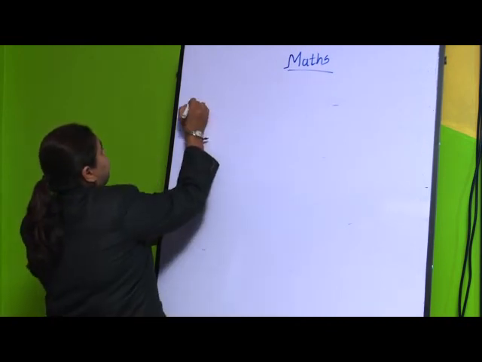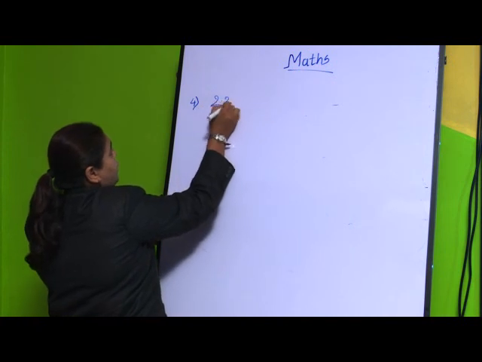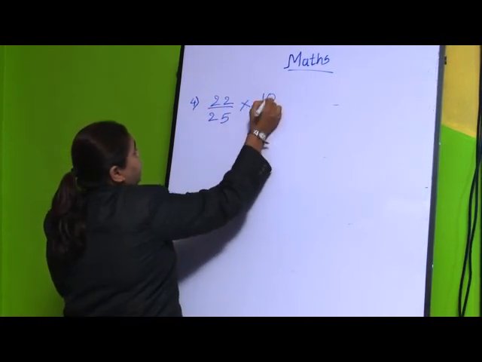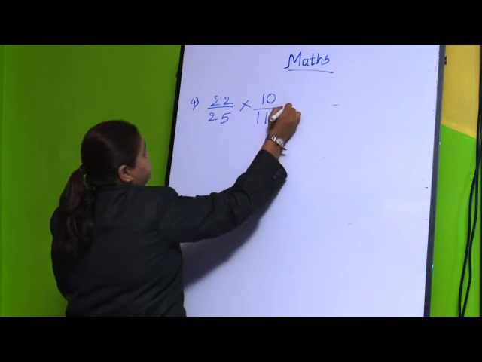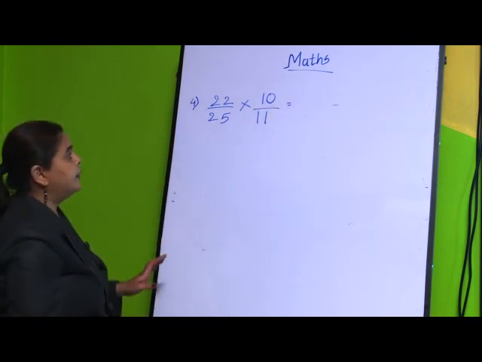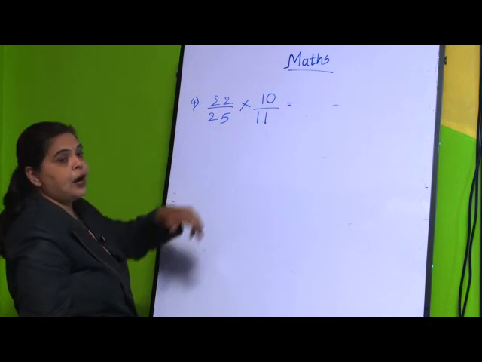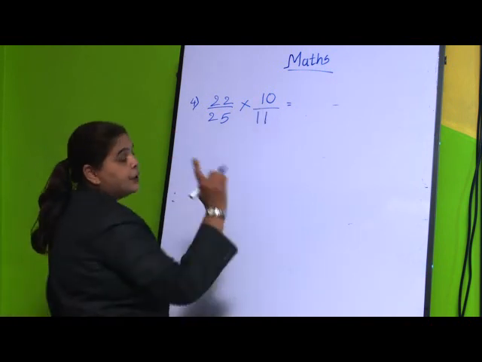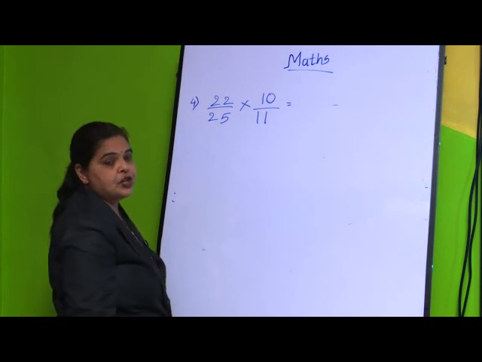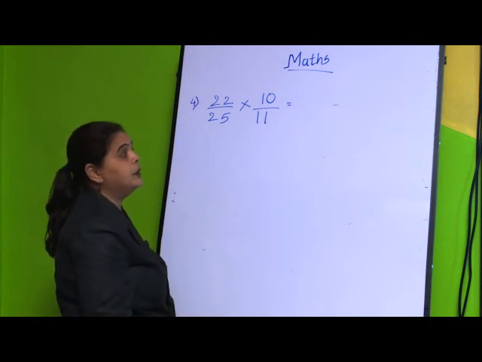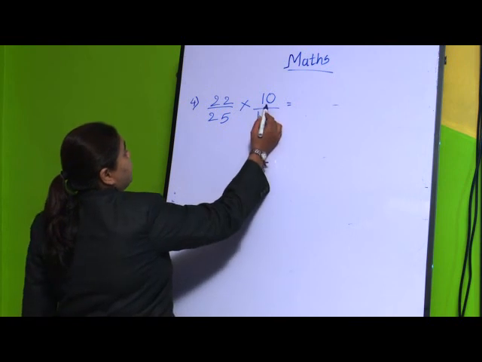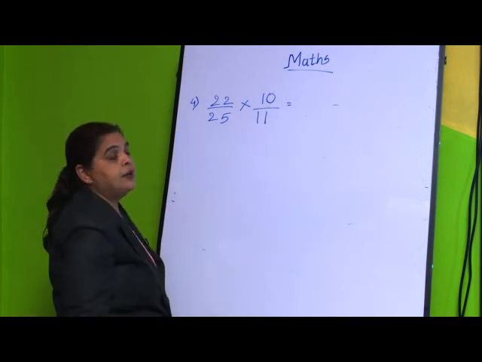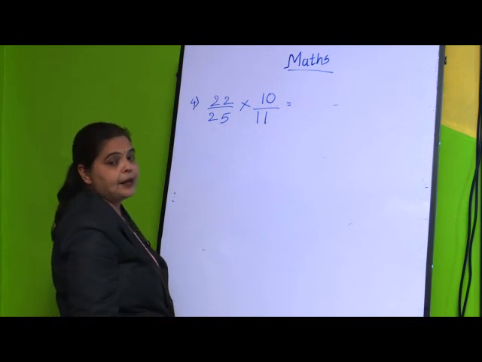Here one more example: 22 upon 25 multiplied by 10 upon 11. You might be thinking how to reduce, as we have large numbers. You know the divisibility rule we learned in the previous chapter, you have to apply it here. When we have a 0 or 5 in the ones place, the number is divisible by 5, giving remainder 0.